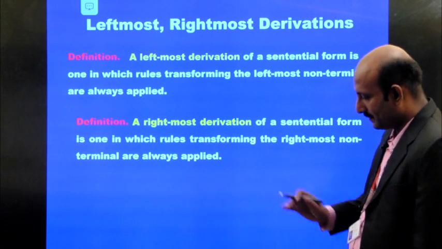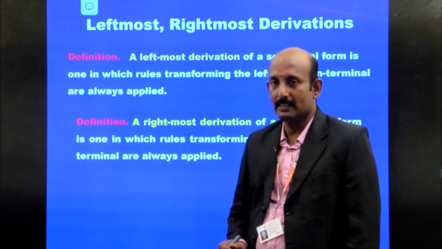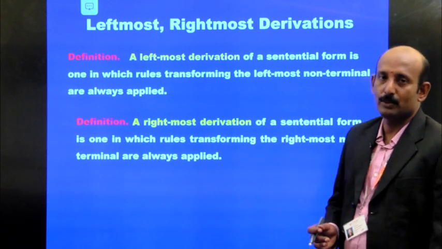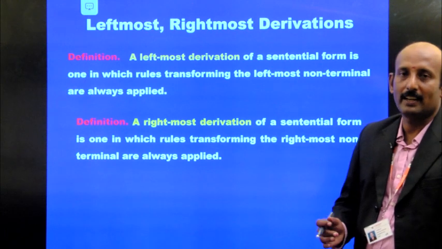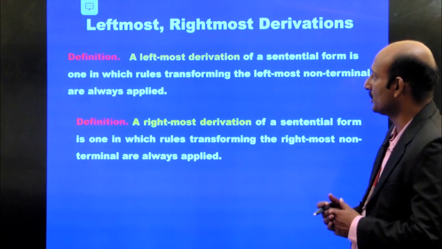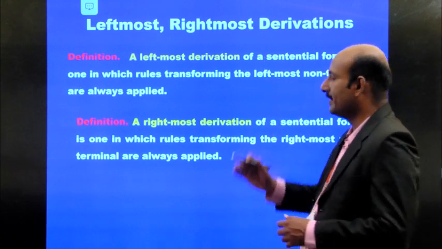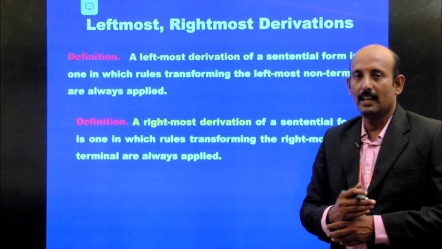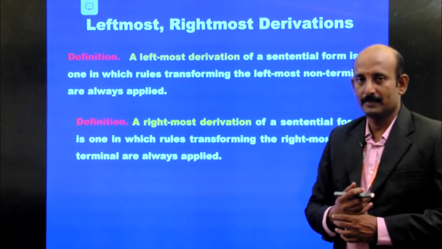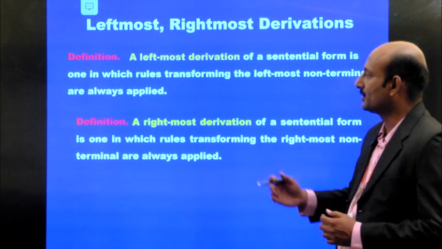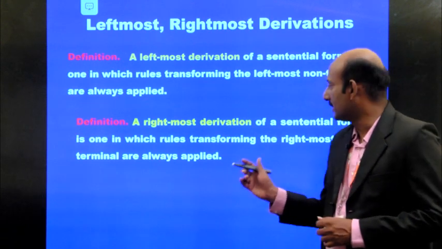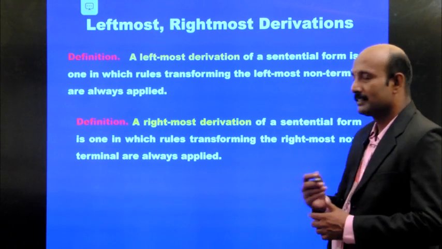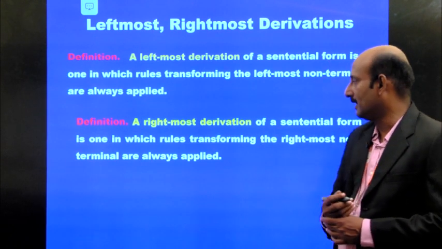In this parse tree, we are going to see leftmost derivations and rightmost derivations. So what are leftmost derivations and rightmost derivations? A leftmost derivation is one in which, in the sentential form, we always replace the leftmost non-terminal. In a rightmost derivation, we always replace the rightmost non-terminal.